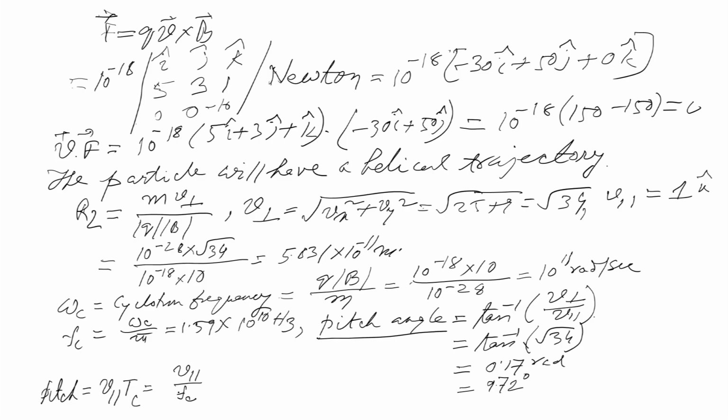Already we have computed f c, and V parallel is how much? It is 1. So, it is 1 by 1.59 into 10 to the power 10. So, this you can show is equal to 6.3 into 10 to the power minus 11 meter.